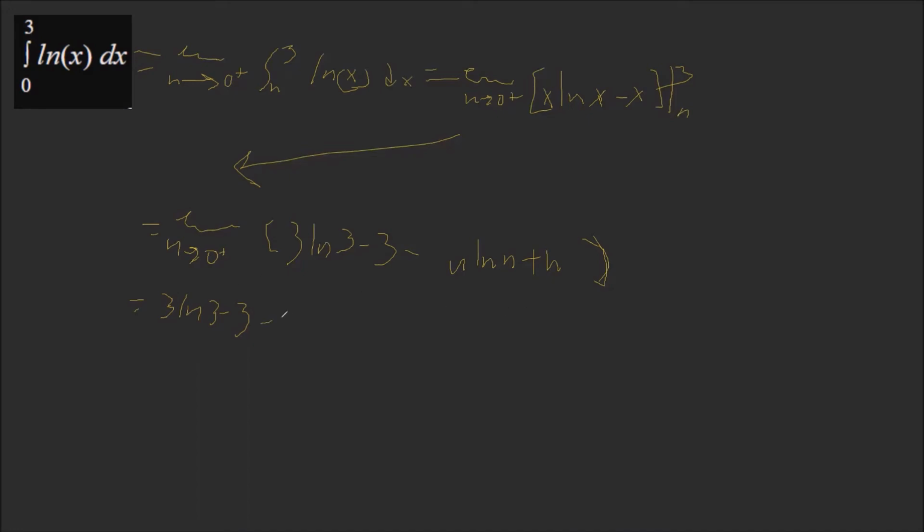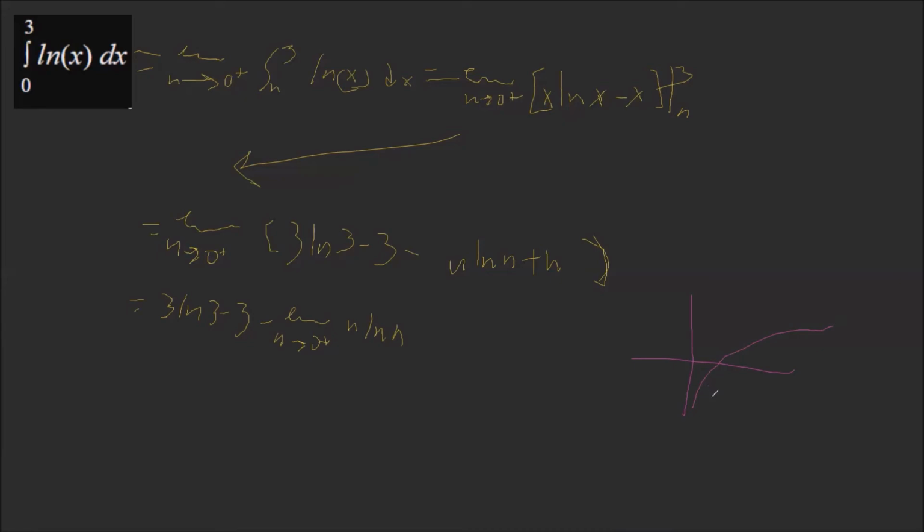And then finally, we're taking the limit as n approaches 0 from the right of n natural log n. Now, this is actually indeterminate. Try to recall what a natural log x graph looks like. It looks something like this.